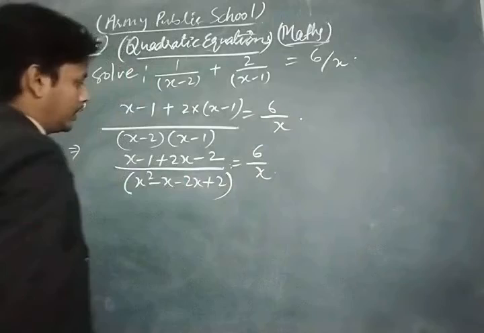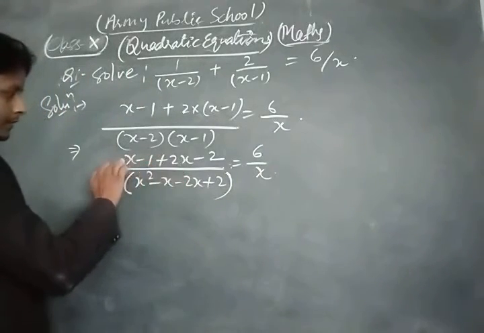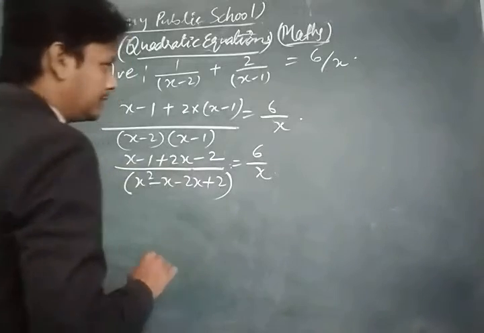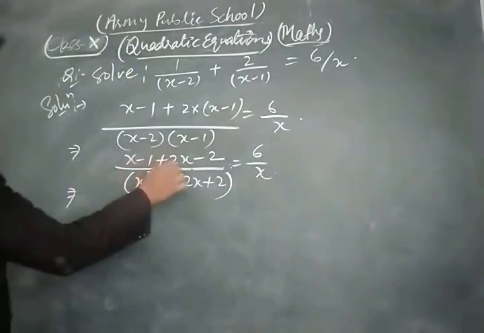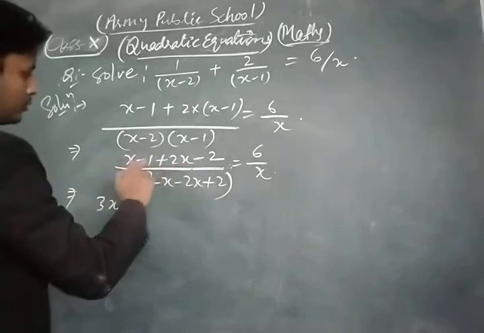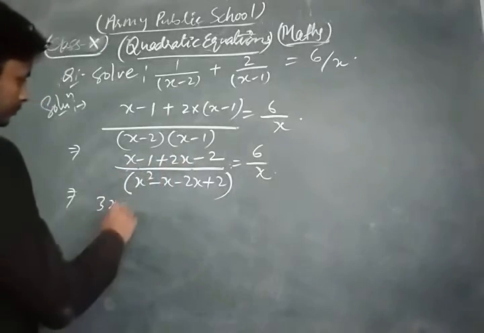Now look, 2x plus x, both are like terms, so we add them. So we get 3x, and minus 2 minus 1, that is minus 3.